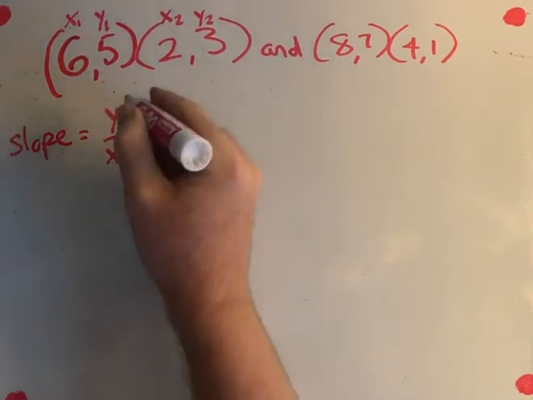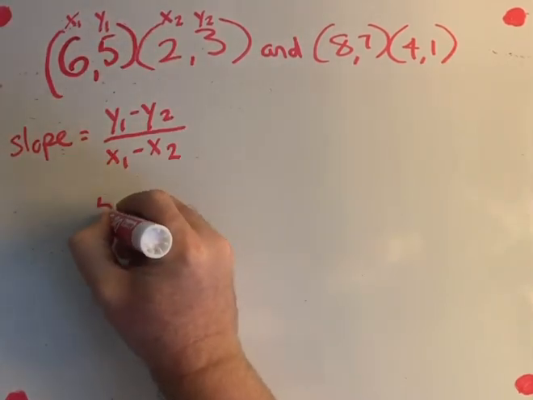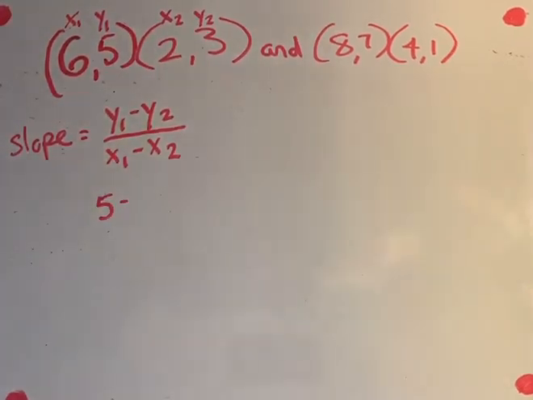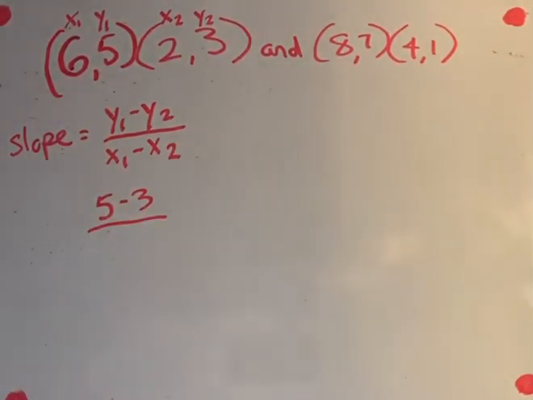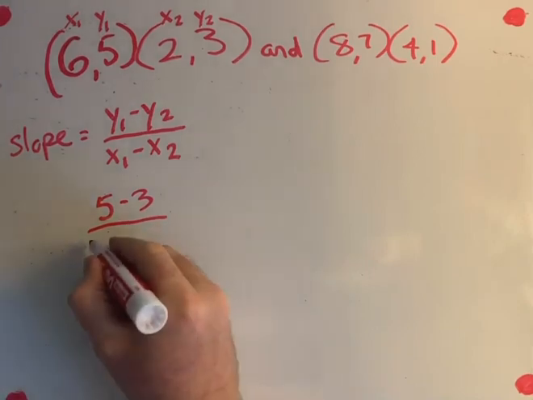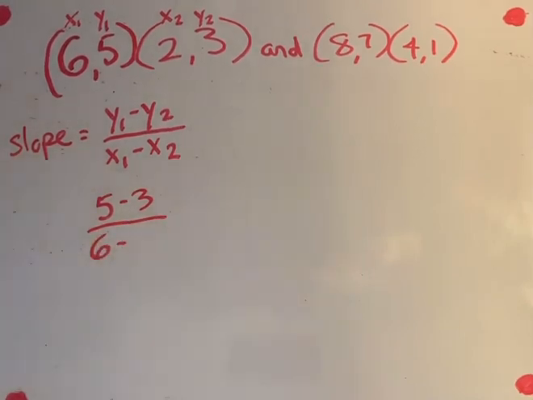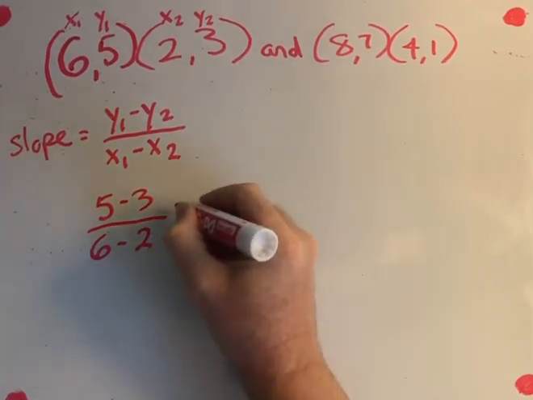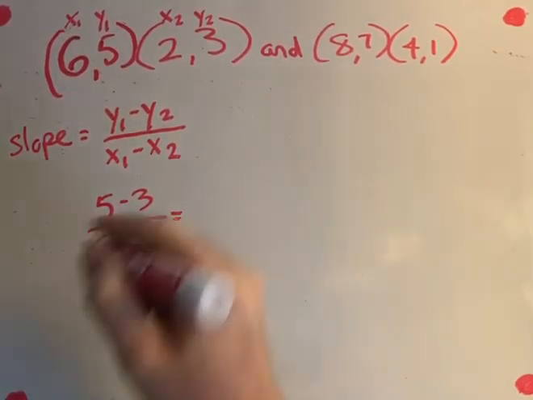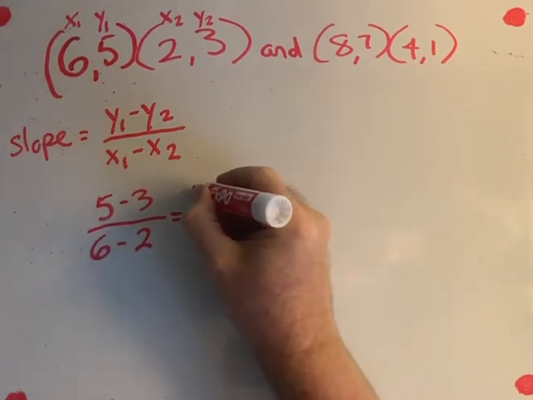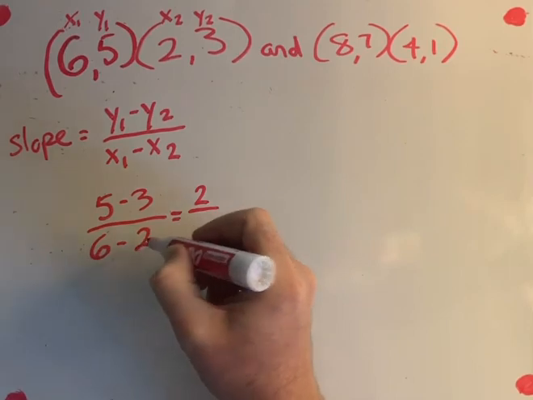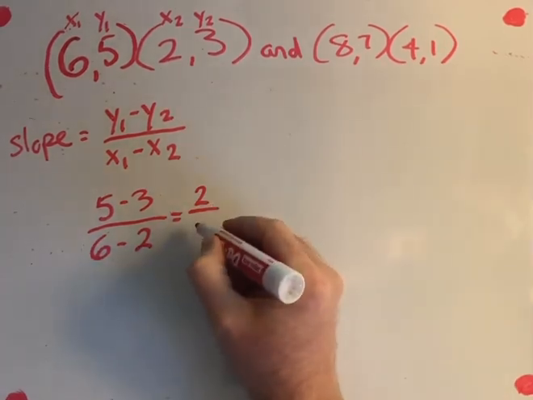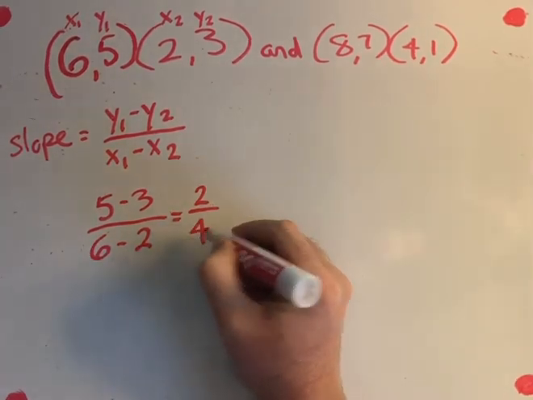So I'm going to say y1 is 5, and then I'm going to say y2 is 3 over x1, which is 6, minus x2, which is 2. And this equals 5 minus 3 is 2 over 6 minus 2 is 4.